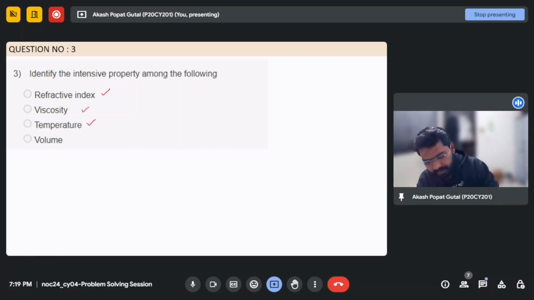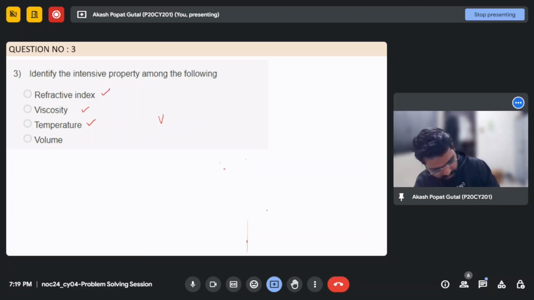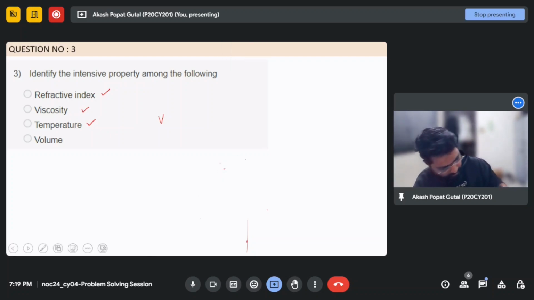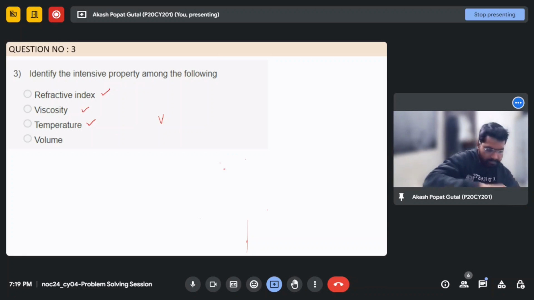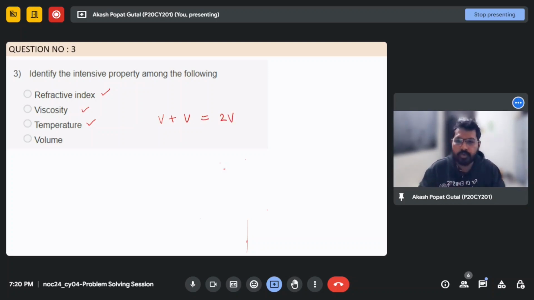Yes, these three are intensive properties, and volume is not an intensive property, because if you take the addition of two volumes, it will give you V plus V is 2V.